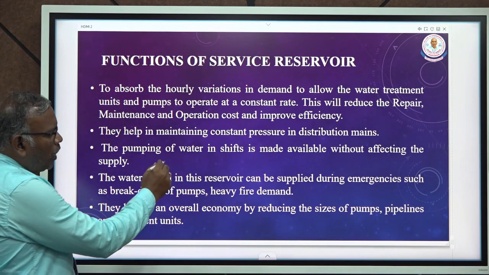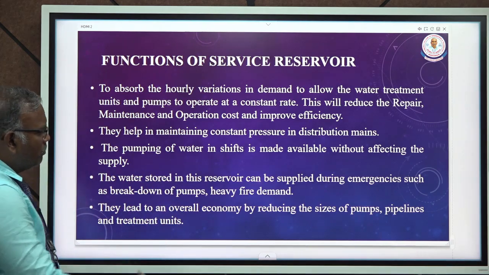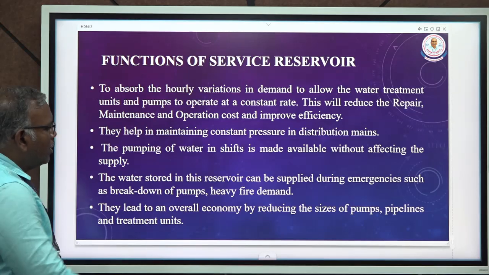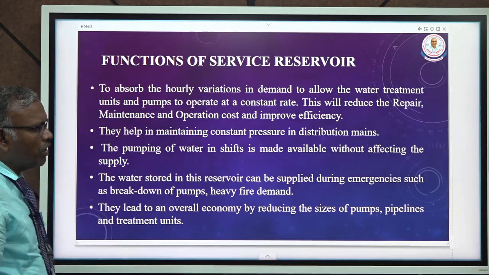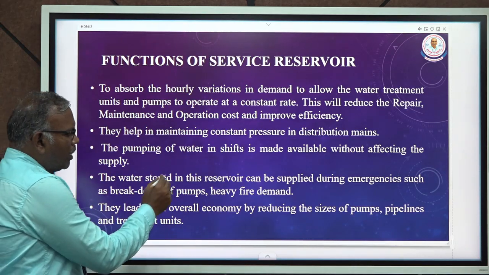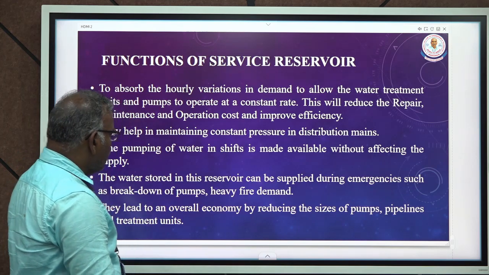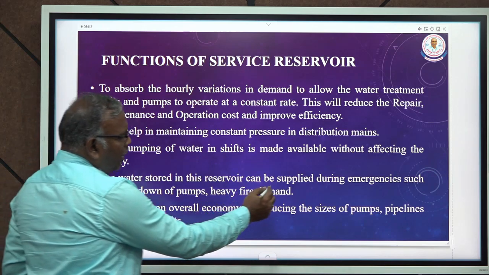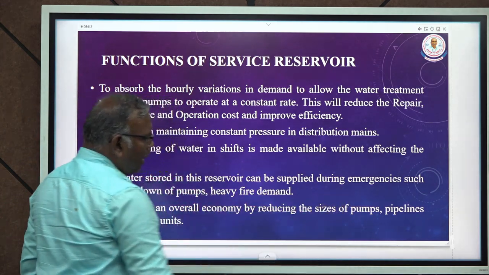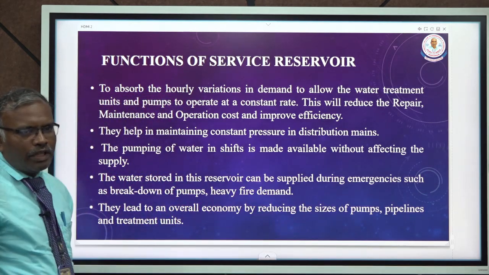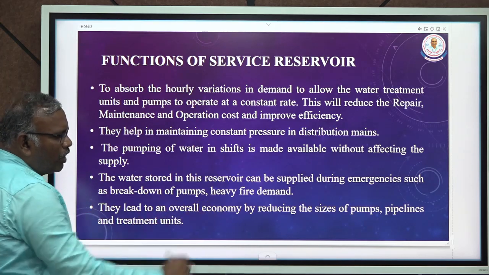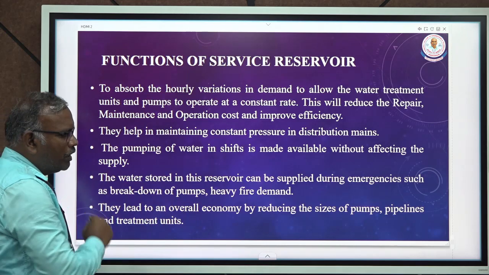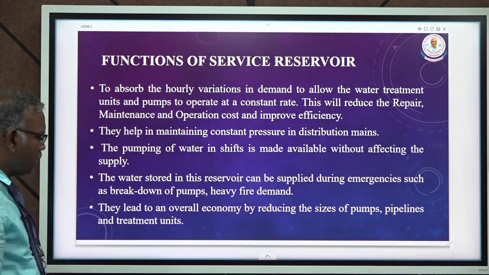During a variation in the demand, the water can be supplied without affecting the requirements, and the water can be supplied uninterruptedly during any emergency, during the breakdown of a pump, or during fire demand. The water stored in this reservoir can be utilized.